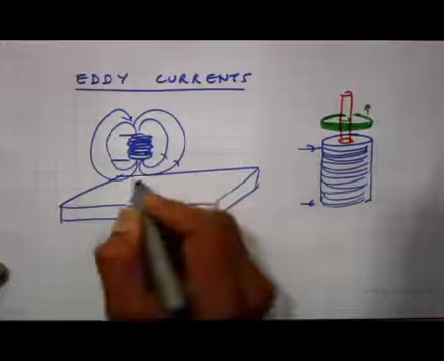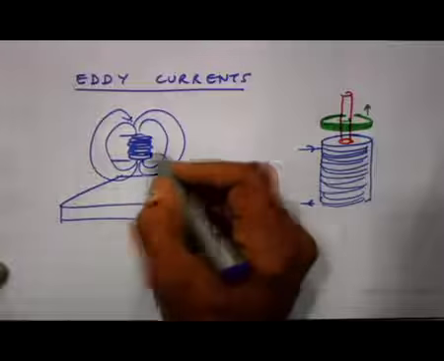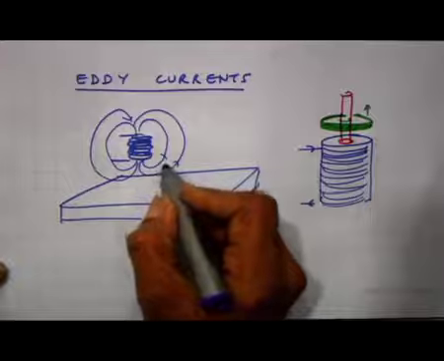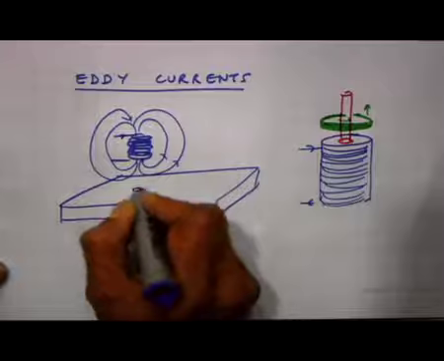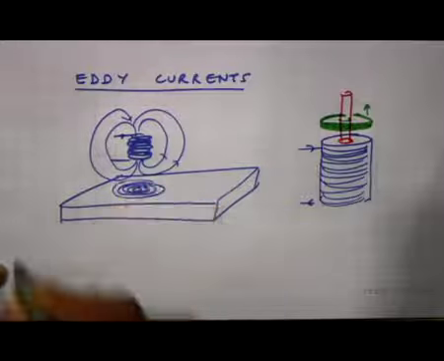As I bring the solenoid closer and closer, and if I change the magnetic field of the solenoid, which means by changing the current passing through the solenoid, I will generate eddy currents like this in this path.